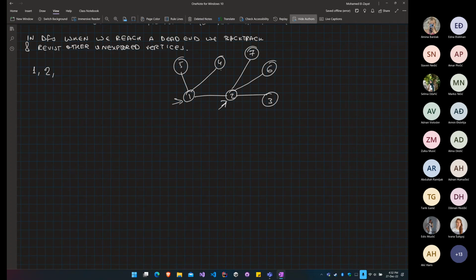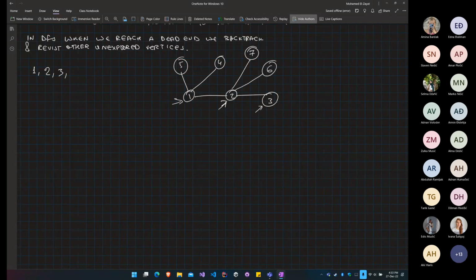I'm ignoring the others because it's depth first. I didn't say give me 2, then 4, then 5. I just said give me 2 and then give me one of the children. Then I say, okay, give me 3.